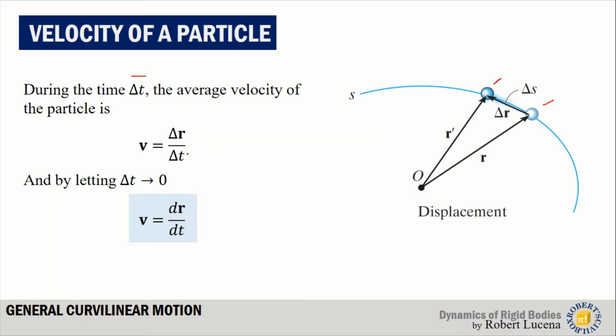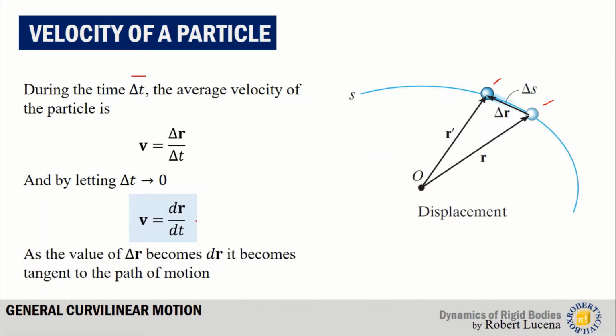So when delta t approaches 0, that would be dt. So now we have the instantaneous velocity because we are having a very small interval of time. So we determine the very small displacement over very small change of time. So that's dr over dt.